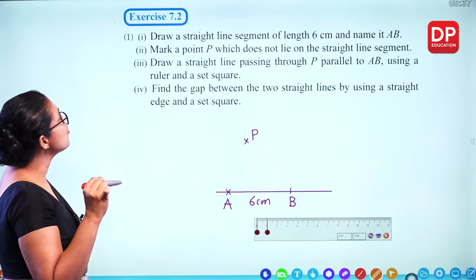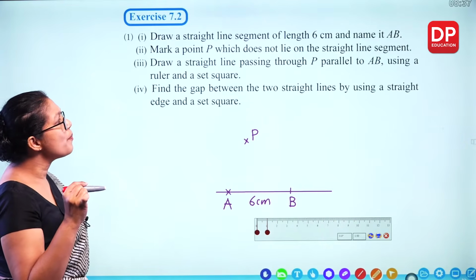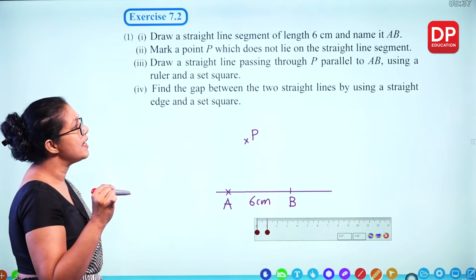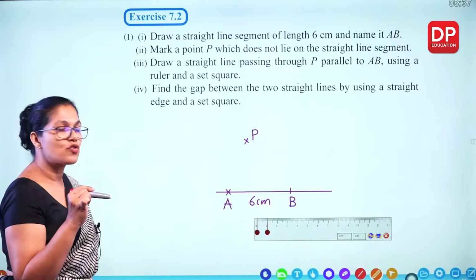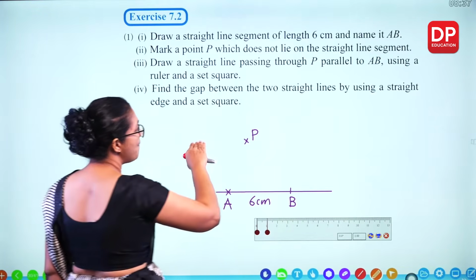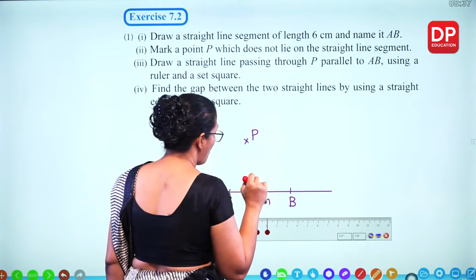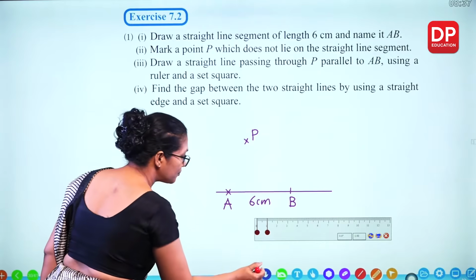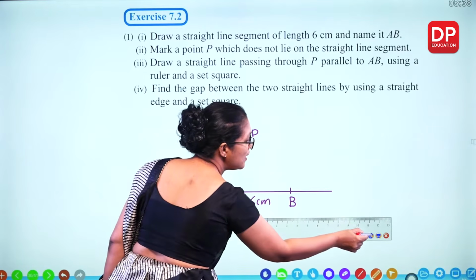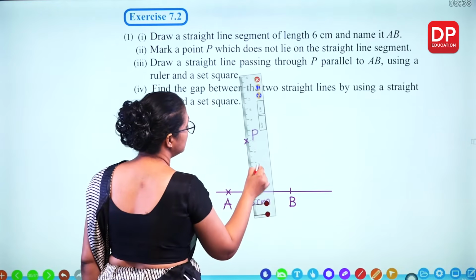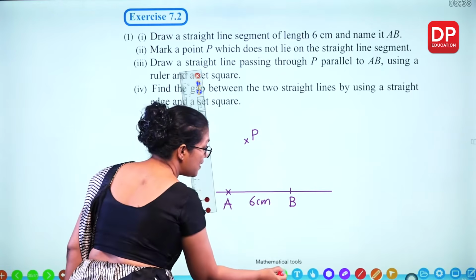Then you have to draw a straight line passing through P parallel to AB using a ruler and a set square. So you need to draw a parallel line here. So what we can do, we can take the ruler and the set square.